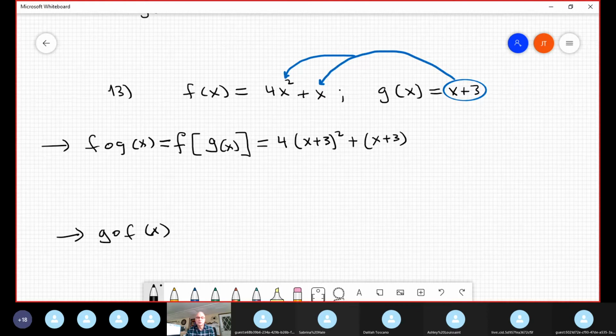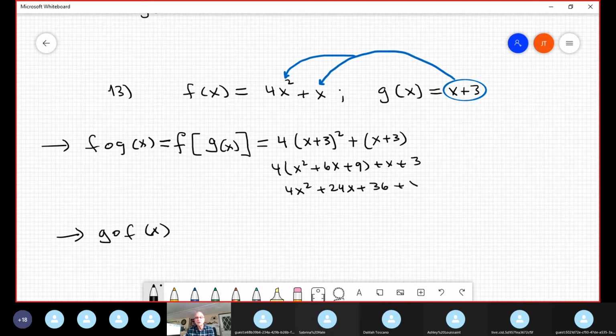Do I leave it like that? No. We need to manipulate some elementary algebra. You FOIL first. Basically it's 4 times (x squared plus 6x plus 9), plus x plus 3. So apply the distributive property to remove parentheses.